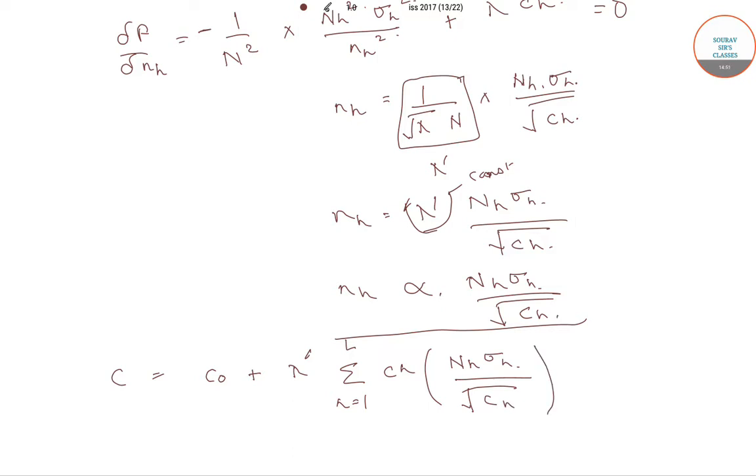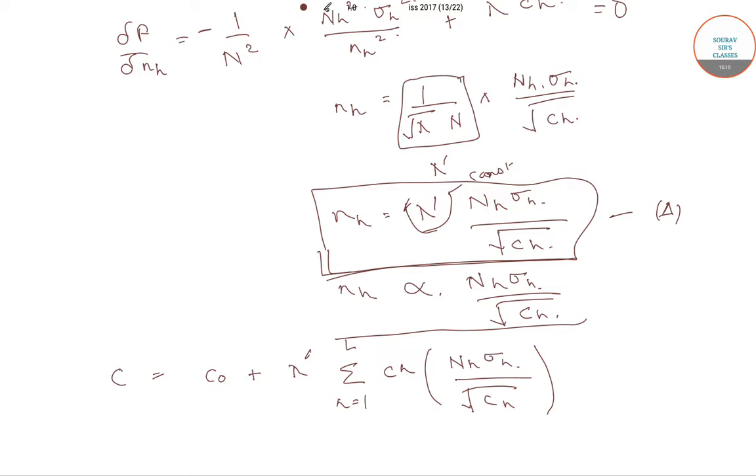Here what we are doing is substituting the value of small nh with this. So let us consider it as delta. So we are substituting nh in our cost function using the equation delta.